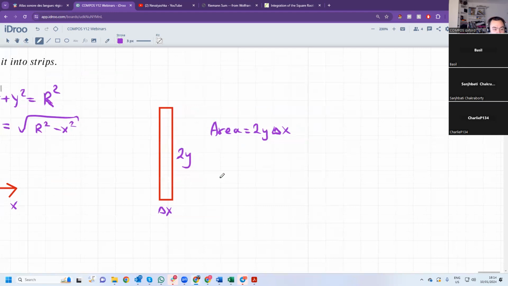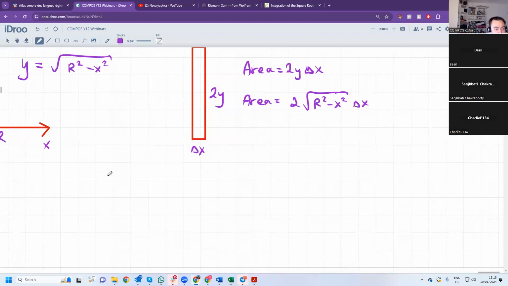Okay, so area is equal to 2 square root of r squared minus x squared delta x. And the total area is approximately the sum, sorry, not the integral, the sum of 2y delta x, i from 1 to n.